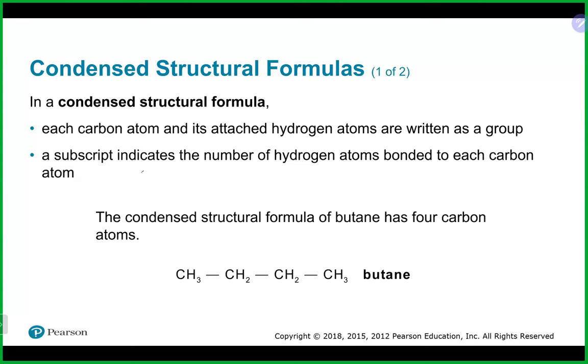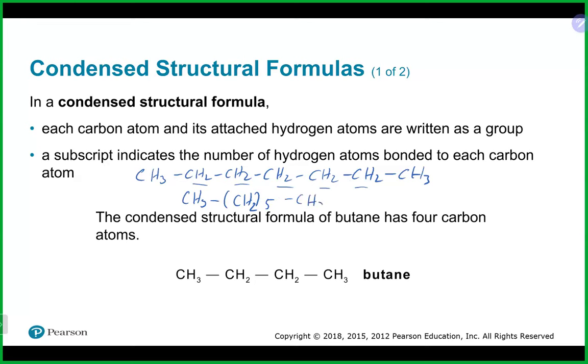For example, something like CH3, CH2, CH2... Sometimes they will just write CH3, parentheses CH2, count up 1, 2, 3, 4, 5, put a 5, and then a CH3. So sometimes they'll shorten it since it's the same unit repeating over and over again. If you do come across that, make sure you understand that it's 5 of those CH2 units in a row, and that's 5 more carbons.